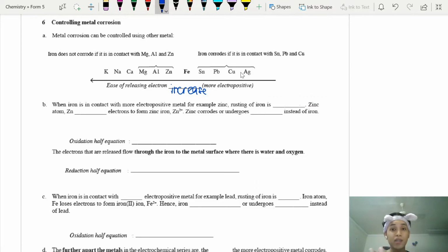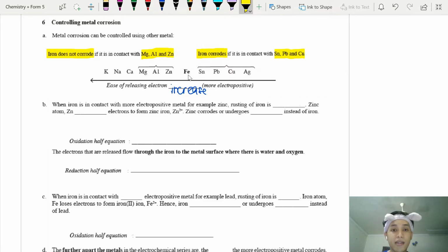If I want it to rust faster, I use a metal below it. I take the iron and wrap it with, for example, copper, so the rusting process will happen faster. If I want to stop rusting from happening, I use a metal higher than the iron. That's why iron does not corrode when in contact with this one, and iron corrodes when in contact with this one or silver.